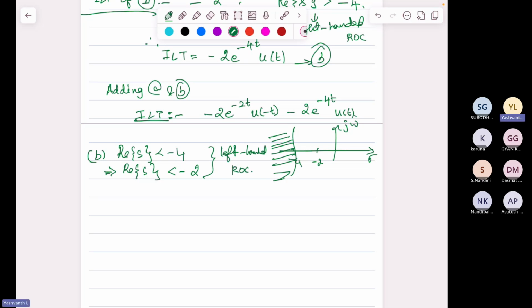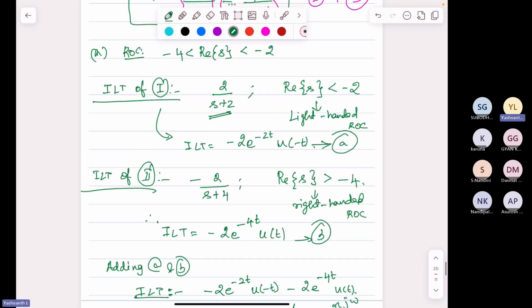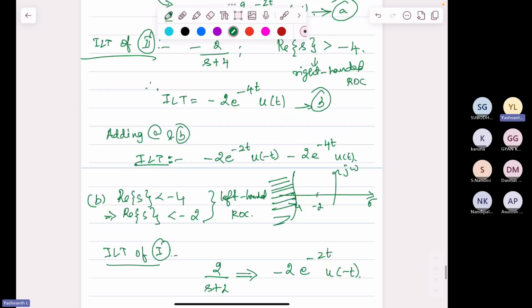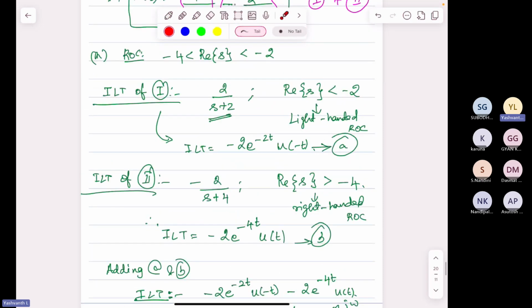Therefore, the inverse Laplace transform of term 1, which is 2 by s plus 2, with a left-handed ROC becomes minus 2 times e power minus 2t into u of minus t. This is the same as the previous case, because here also we had a left-handed ROC.